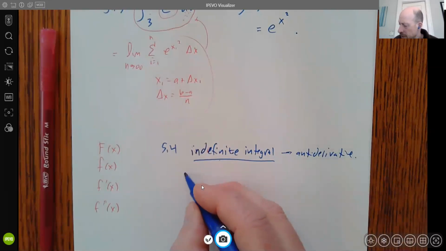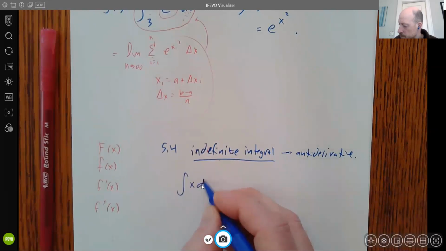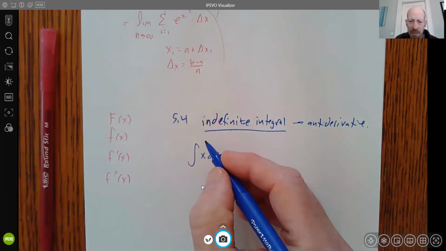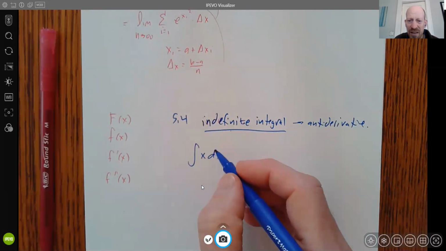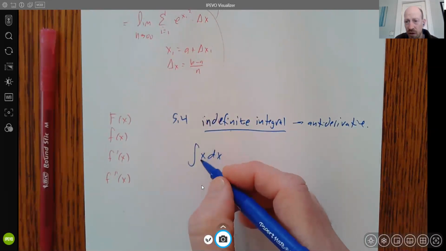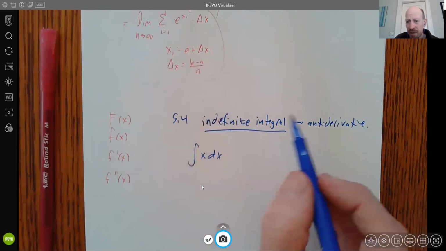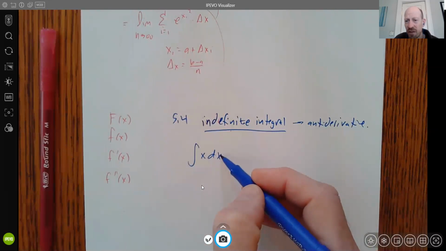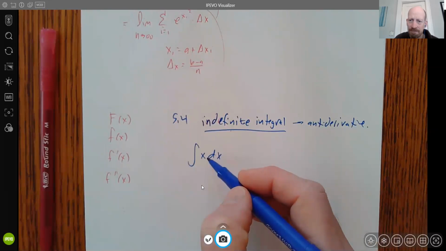So when I write this, I've got the same integral symbol, but this is an indefinite integral. There are no bounds here. And so that tells me it's not really this problem, it's this problem: find the antiderivative. The dx here is just to indicate that x is my variable, the variable that's changing.